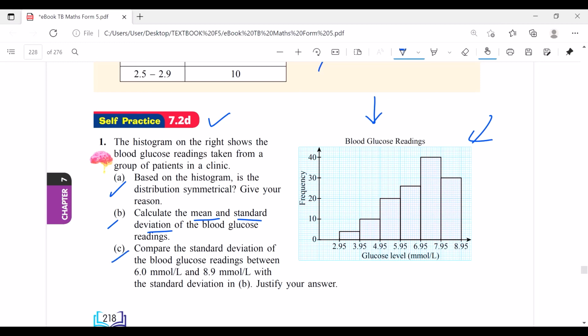Don't panic. I know you can do it. Yeah. Read the questions carefully. And then you compare your standard deviation with this one. Only for 6 to 8.9. Yeah, this one.